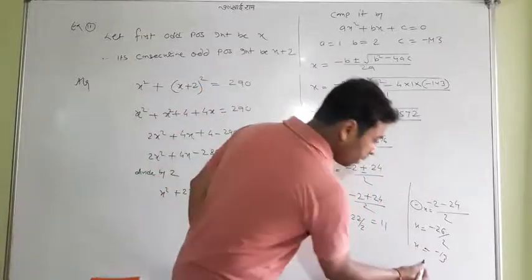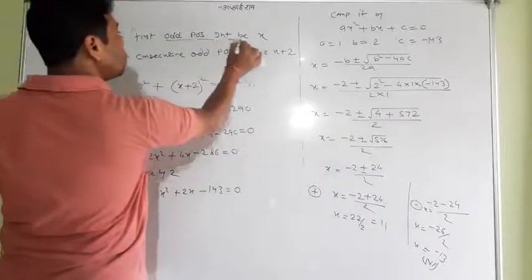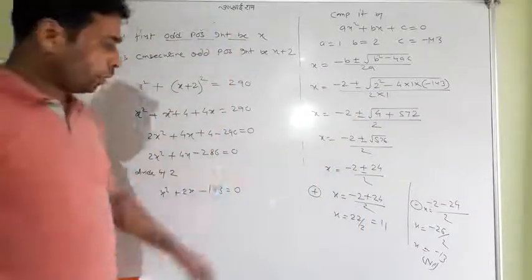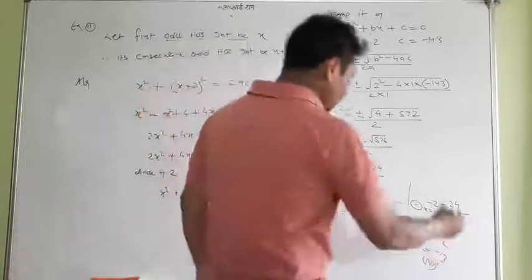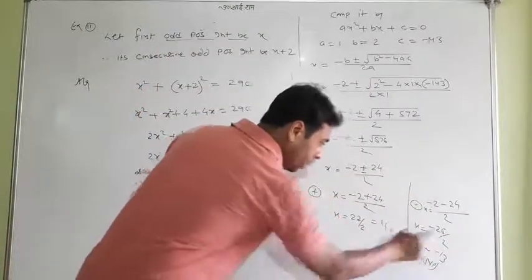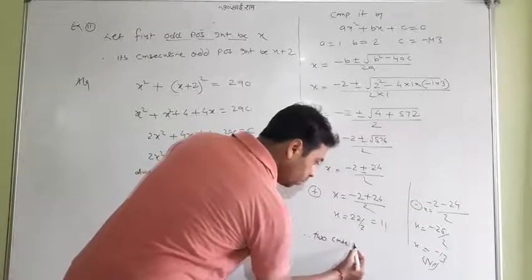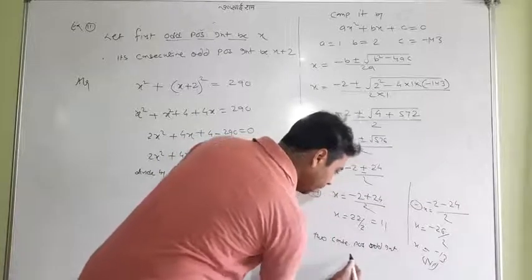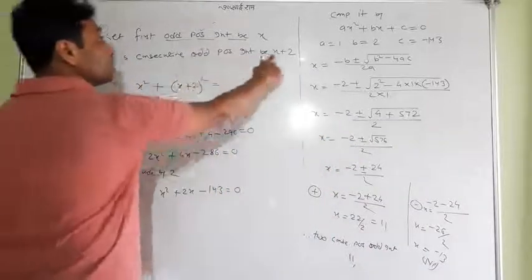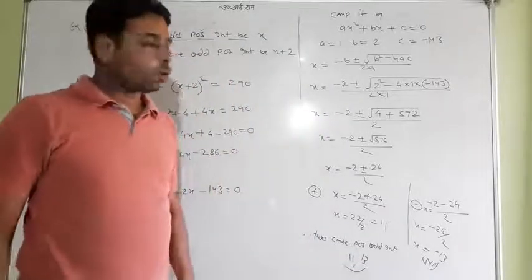It is not possible. Why? Because in the question we are told the first odd integer is positive. So 11 is an odd number and it is the correct answer. Definitely minus 13 is not possible, leave it. So the two consecutive positive odd integers are 11 first, and 11 plus 2, which is 13. That's the answer.